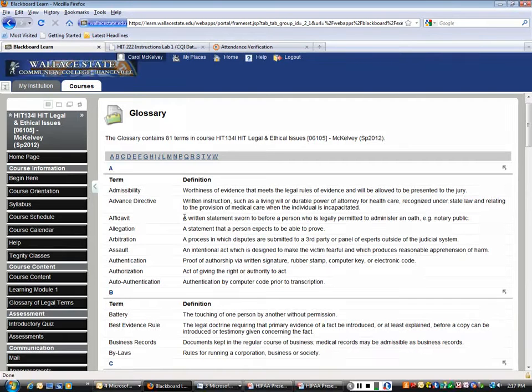Arbitration. Arbitration is a process in which disputes are submitted to a third party or panel of experts outside of the judicial system. If there's any type of conflict, many times, nowadays especially, that will be sent through arbitration, or that a third party will make a decision rather than it going through the court systems.